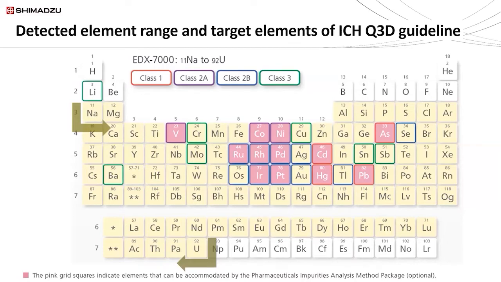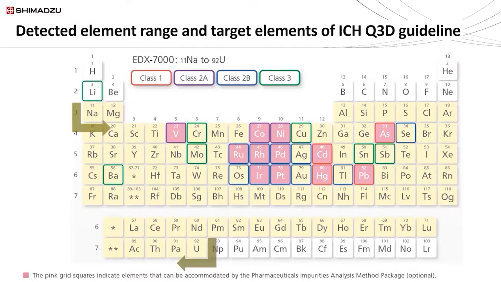This is the periodic table. The International Council for Harmonisation Q3D guidelines specify different classes of elements that need to be considered for analysis in pharmaceutical matrices.